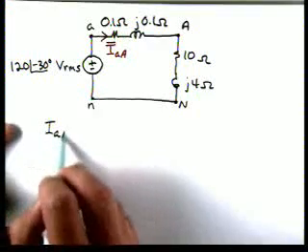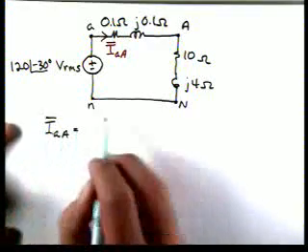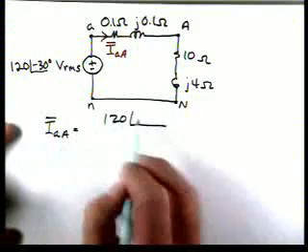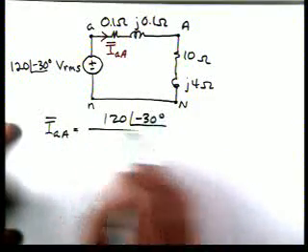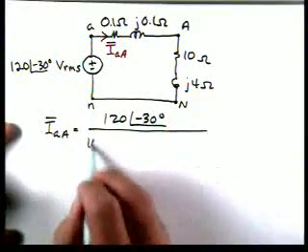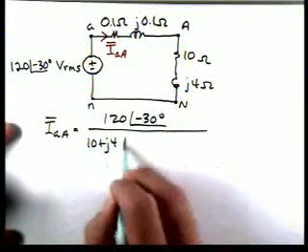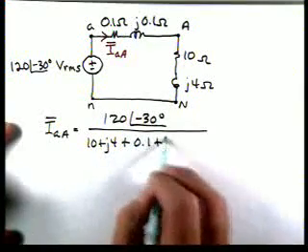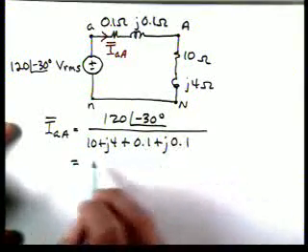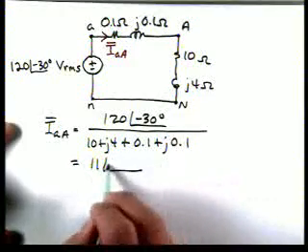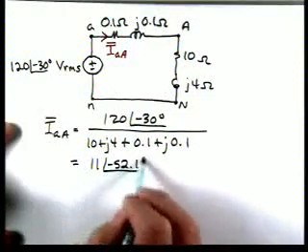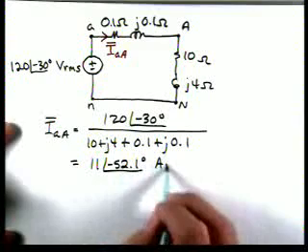We'll calculate the current I_aA, and it's going to be 120 at an angle of minus 30 divided by the total impedance of our circuit, 10 plus j4 plus 0.1 plus j0.1, and that's 11 at an angle of minus 52.1 degrees amps RMS.